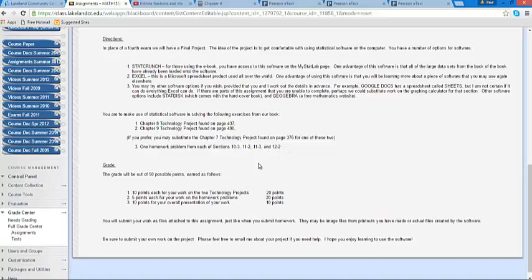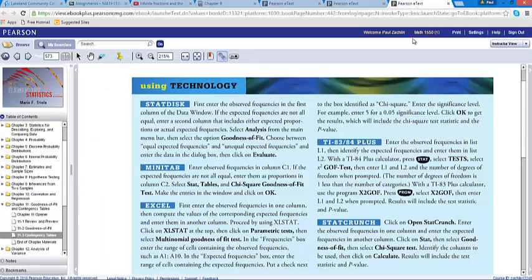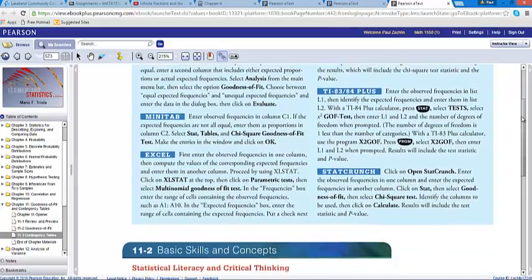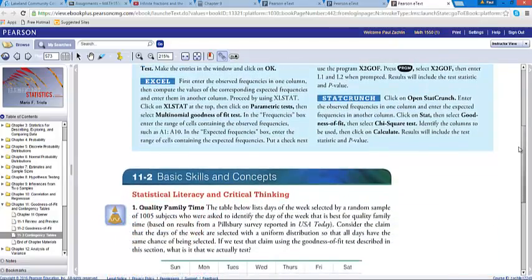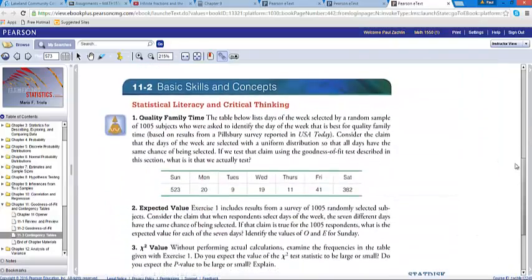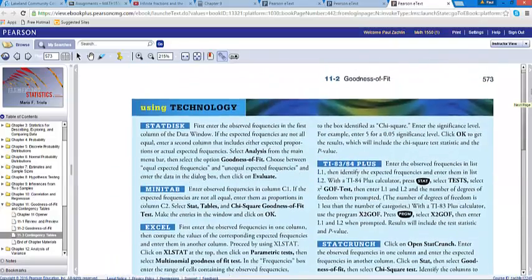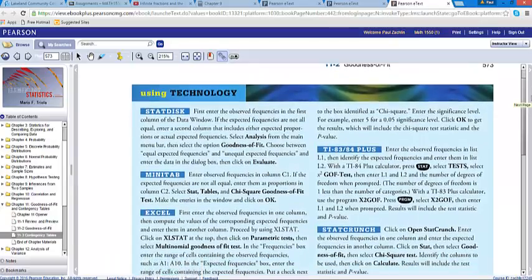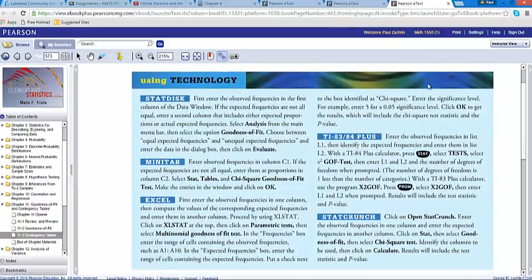So I thought I'd show you, if you look in the book, here's the homework that was due today, Chapter 11, Section 2. And we had a few problems to do, but what I want you to notice is, right before you get to question 1, and this goes throughout the entire book, there's a Using Technology blue box.